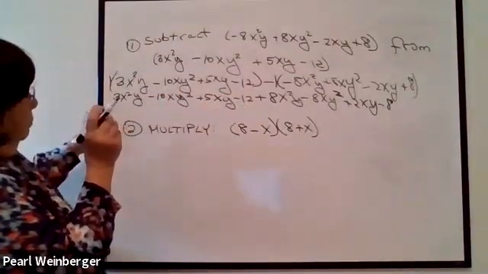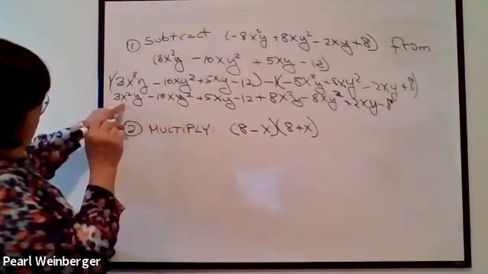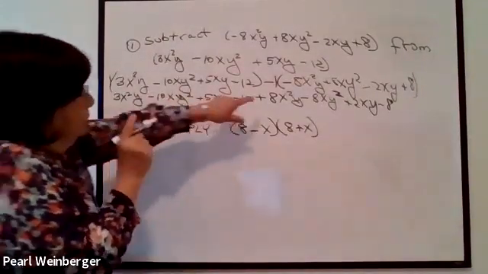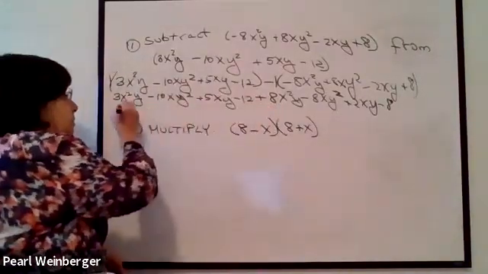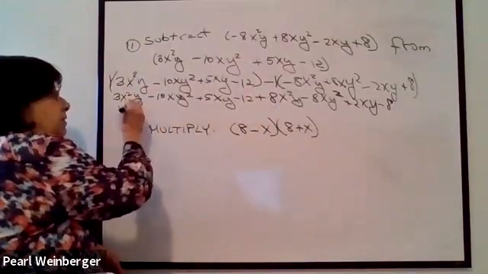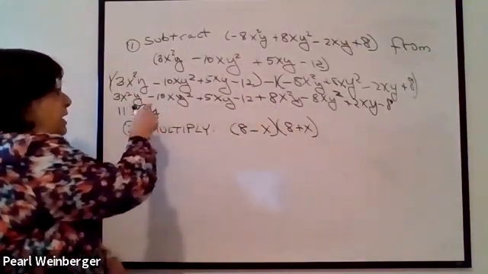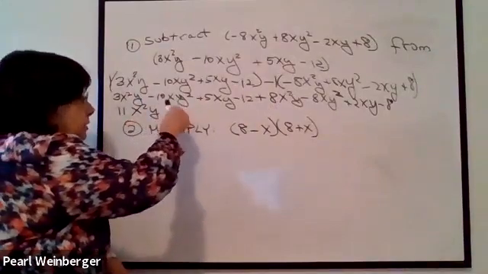Now let's be careful. This one is an x squared y, so we only add it to another x squared y, which is this 8. So 3 and 8 gives me 11, so it becomes 11x squared y. The next term I see is negative 10xy squared.